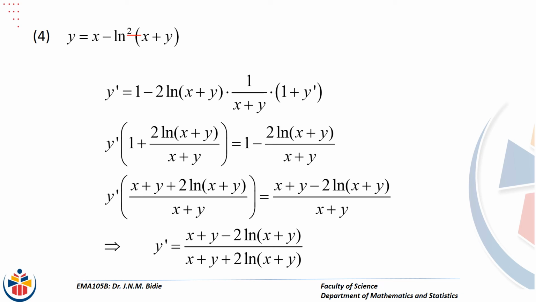We start with the power 2, so we've got 2 ln of xy multiplied by the derivative of ln, which is 1 over the argument of ln, multiplied by the derivative of the argument of ln, which is 1 plus y prime. Remove all brackets.